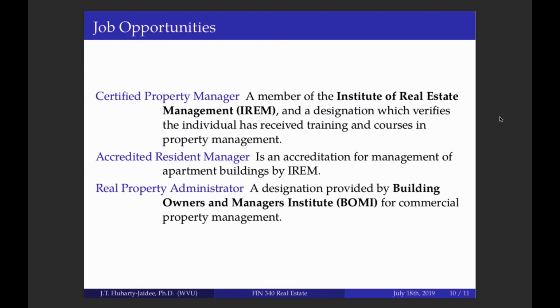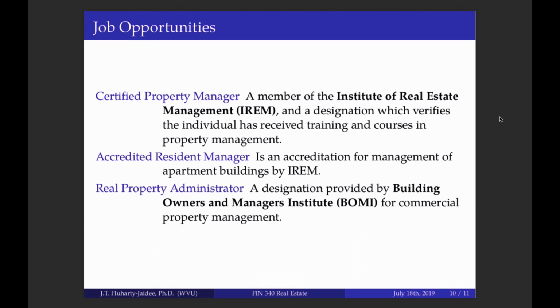A real property administrator has a very different job from a certified property manager. A certified property manager is in that residence sort of idea where they're going to be renting property for living and residential use, whereas the commercial is much more about making sure that those properties are completely rented and that they are maintained so that retail can go on. Okay, so there's a bit of a different gig there.